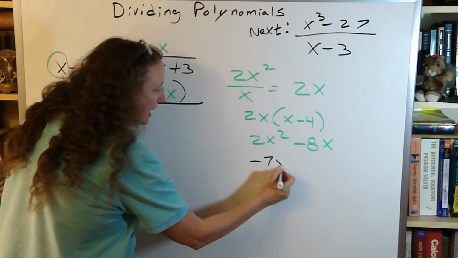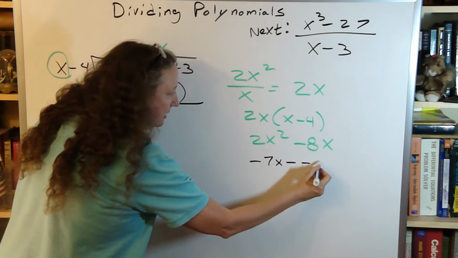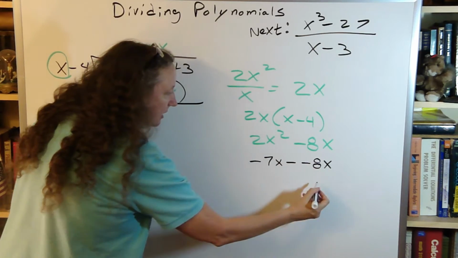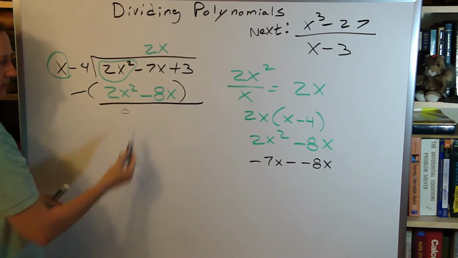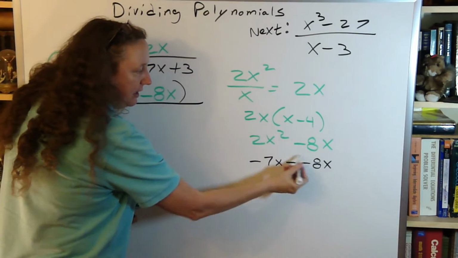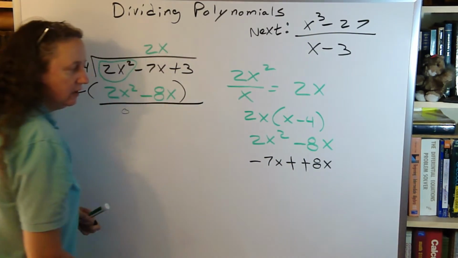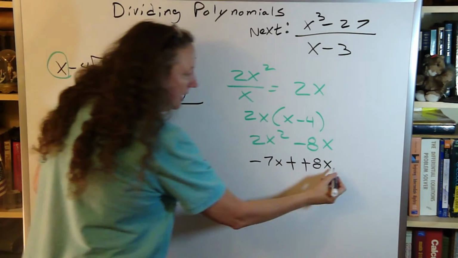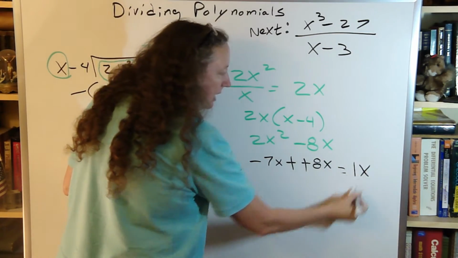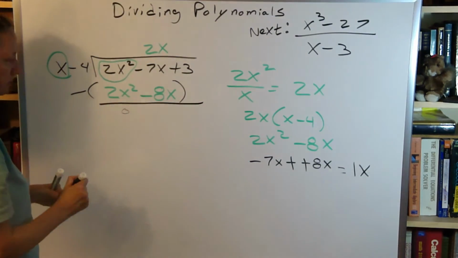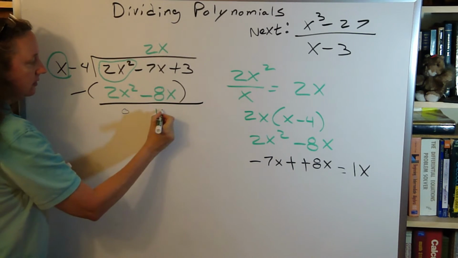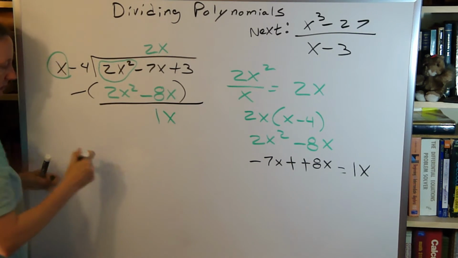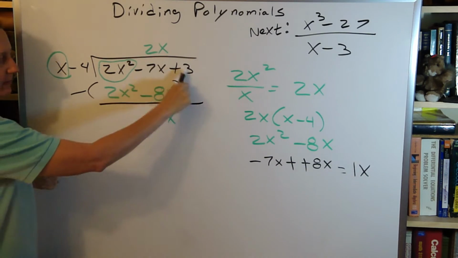Negative 7x minus negative 8x. I see the double negative here. Change that into plus a positive, and that gives me 1x. So I have 1x. I carry down my plus 3.